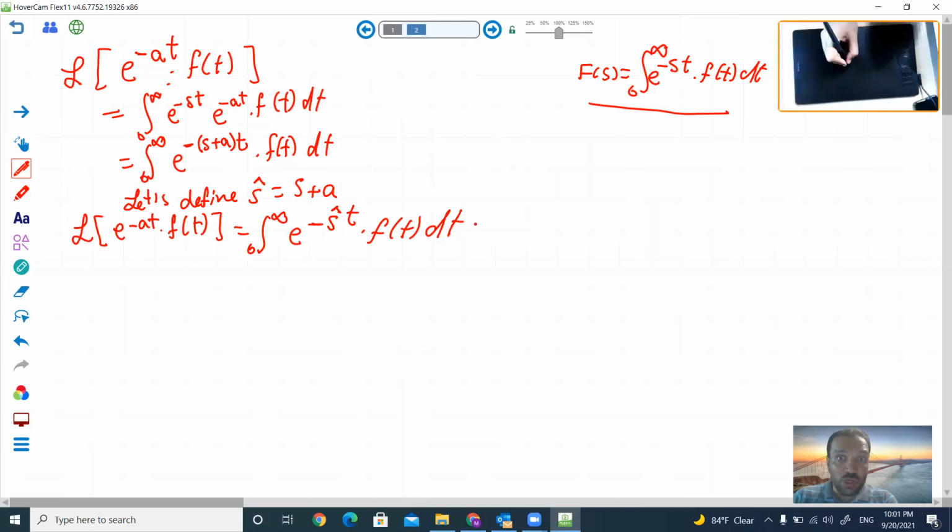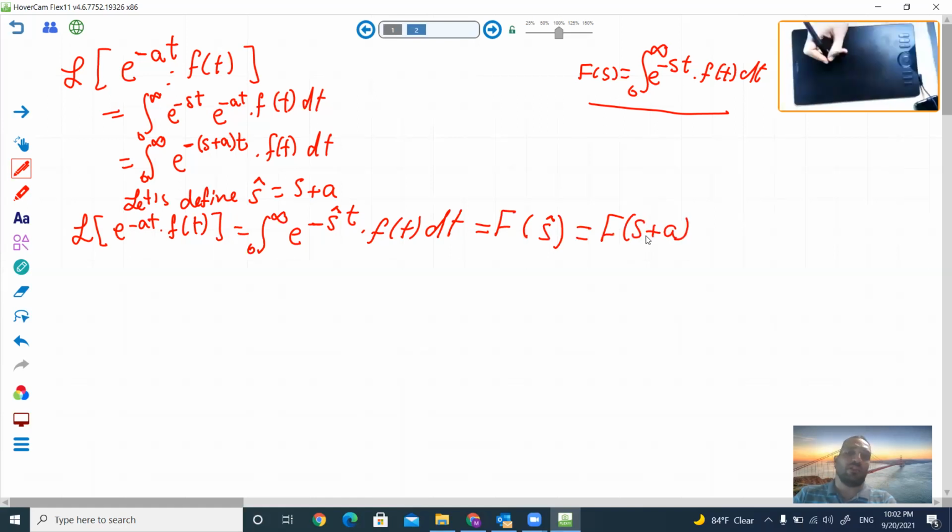So if this expression is equal to capital F of s, this expression will equal capital F of s hat, and s hat is s plus a, so F of s plus a. What does it mean?